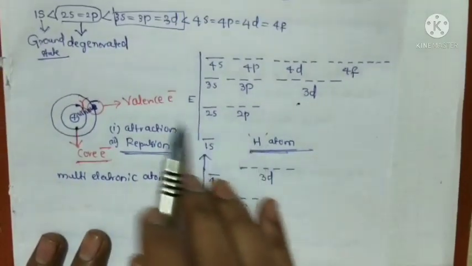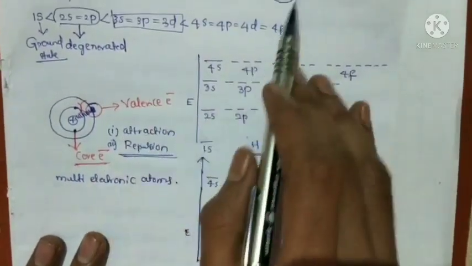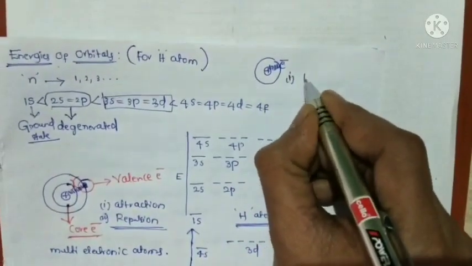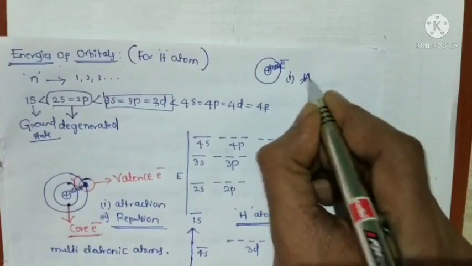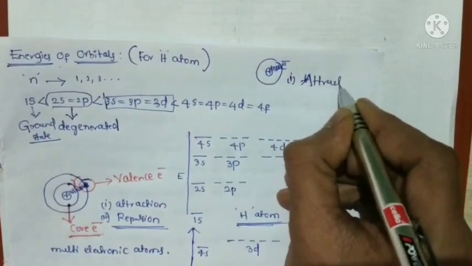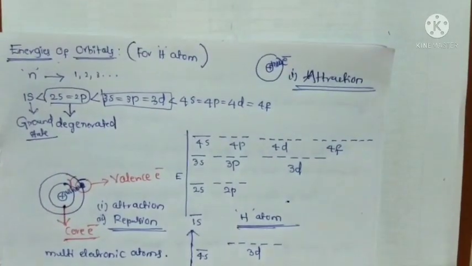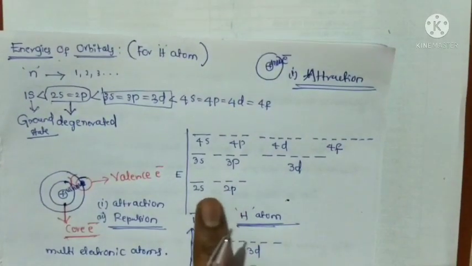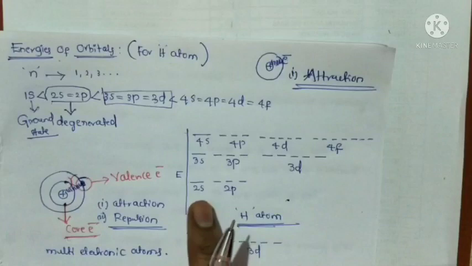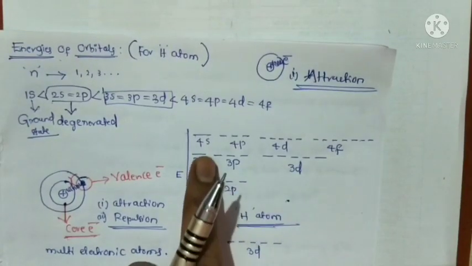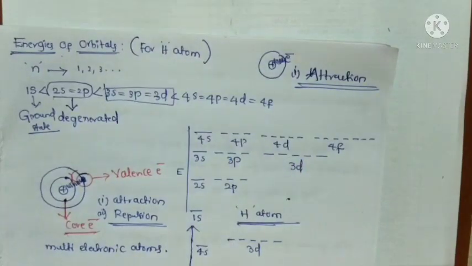But for the hydrogen atom only one force is there, that is the attraction force. That's why, when the principal quantum number is the same but the azimuthal quantum number is different, they still have the same energy: 2p, 3s, 3p, 3d.